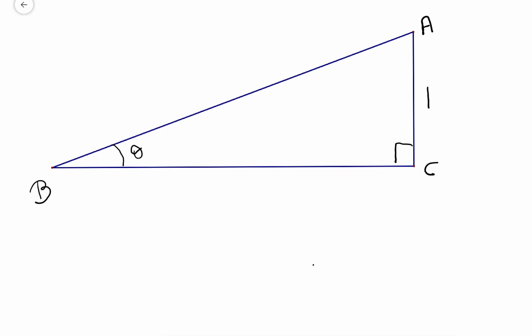Let this side be B, and this side opposite to capital C is little c, and this is A. So if you look at this, this side B is the side opposite to theta, right? That is, just straight opposite to theta. And this side A is adjacent to theta, right? So you may call it the adjacent side, and that's the hypotenuse.